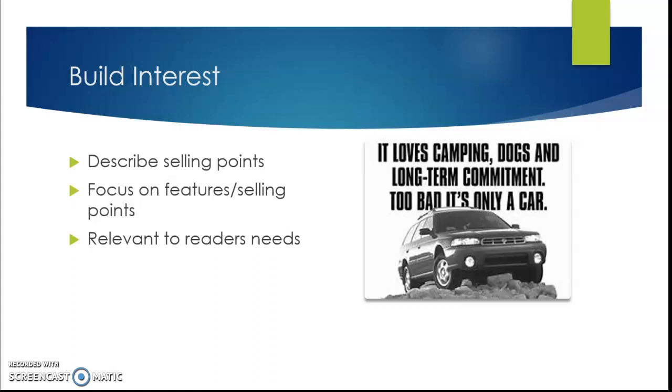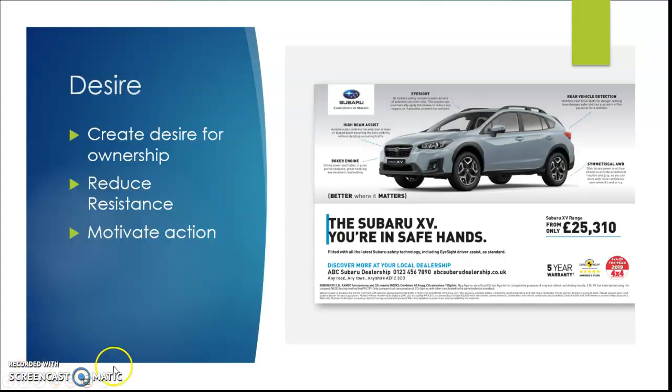The people who drive Subarus are believed to like these things: outdoors, pets, long-term commitments. So they're creating relevance to their selected market. They're building interest and using a little humor. Now notice they're not selling anything yet. This is just simply, oh, I like that, right? Piquing your interest.